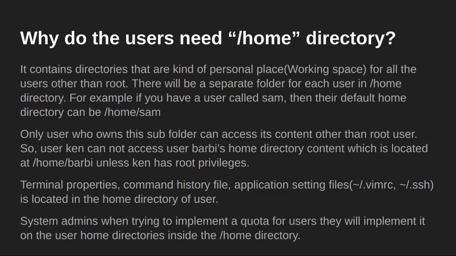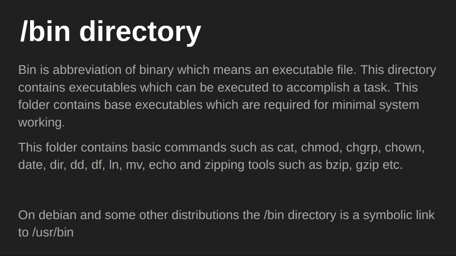The home directory may also contain folders such as downloads, music, pictures, etc. System admins, when trying to implement something for users, will implement it on the user's home directory inside the home directory. Folders inside the home directory may be used to implement quotas for users to limit the usage of system resources by that particular user. And now let's move to the bin directory.